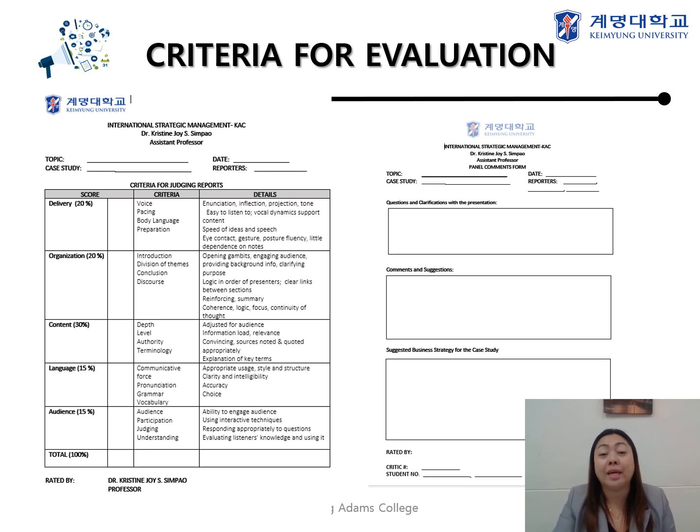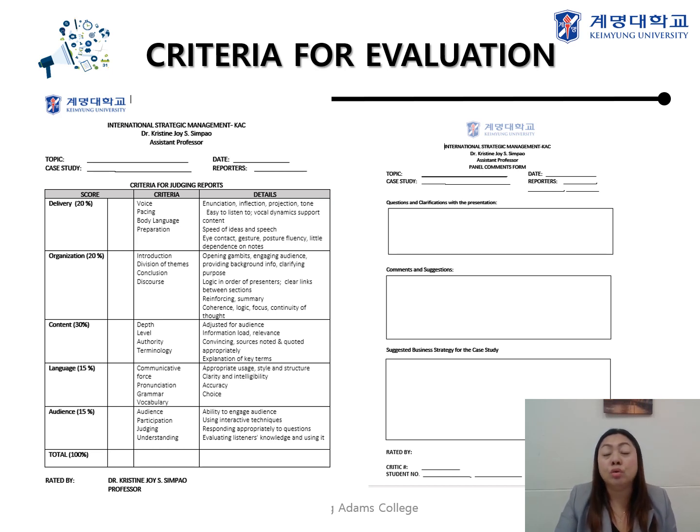You need to make some positive or constructive observations on the presenter. You need also to write your suggestions. With regard to your suggestions, you have to write, from a general perspective, the manner of speaking, the usage of the PowerPoint, the text, the pictures, the sounds, etc. And lastly, you have to suggest a particular business strategy that is not mentioned by the reporters, which will be your input.